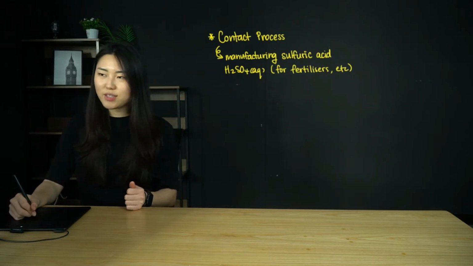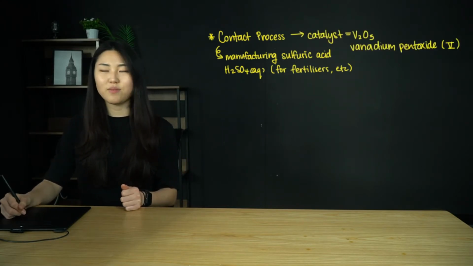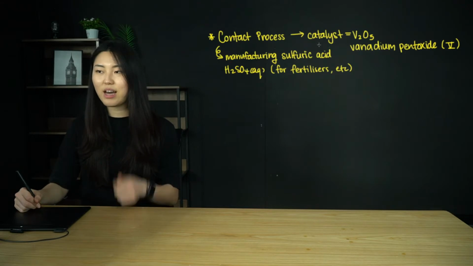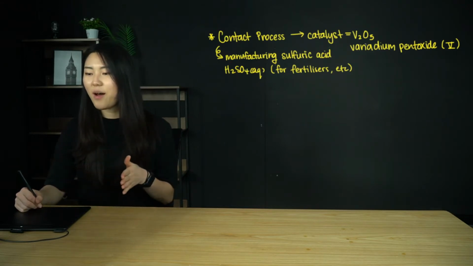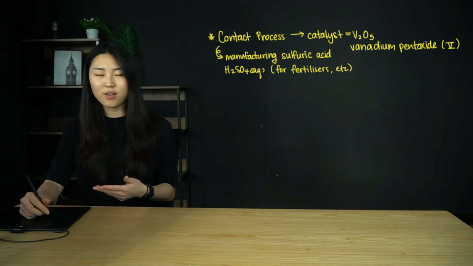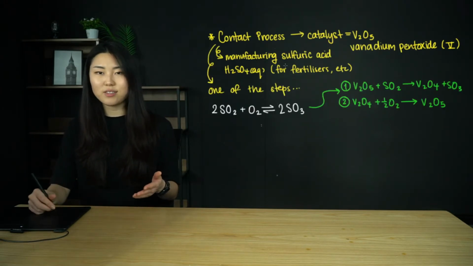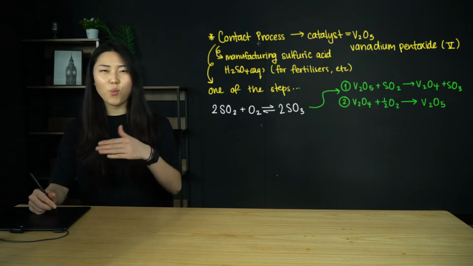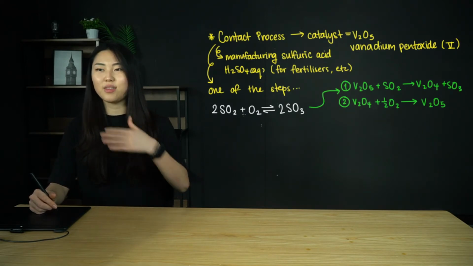We are going to be using the catalyst vanadium pentoxide, V2O5, okay? This is a heterogeneous, solid catalyst. One of the steps inside the contact process, so this equation is not the whole contact process, but it's one of the steps inside the whole process.